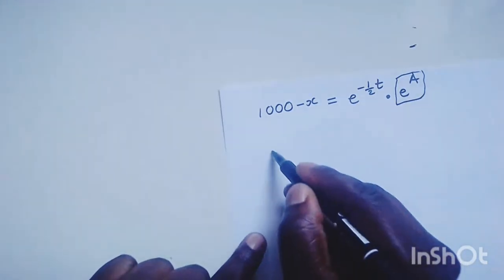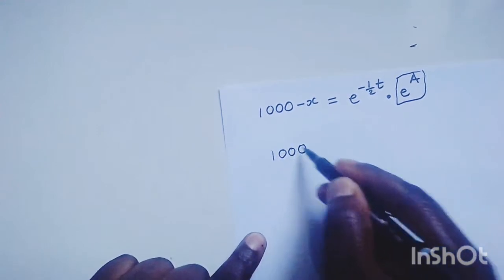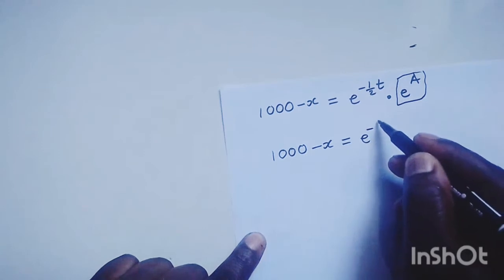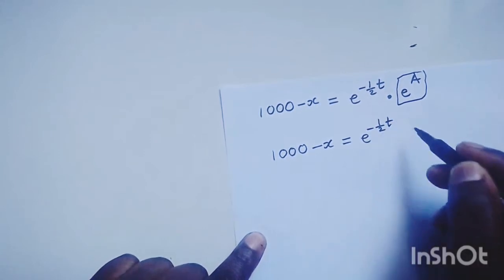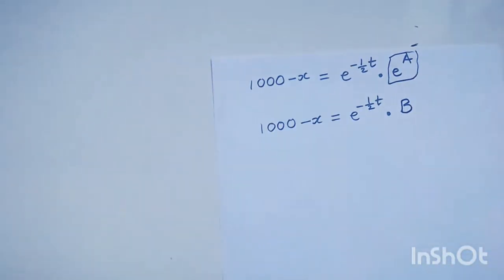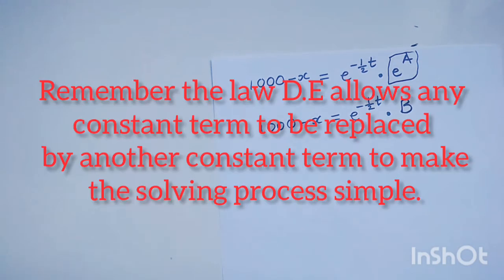Right. So I will rewrite the equation as 1000 minus x is equal to e to the power of minus half t dot product. So e to the power of a, I have replaced it by another constant term which is b. Remember, the equation requires you to make x the subject of the formula.